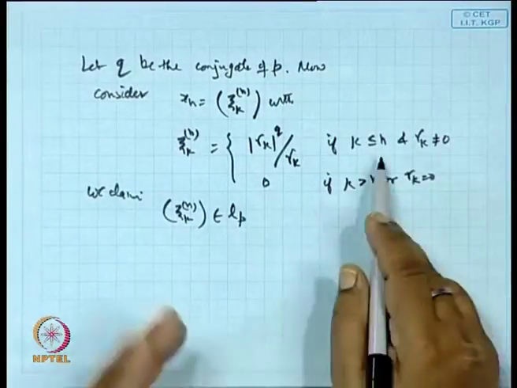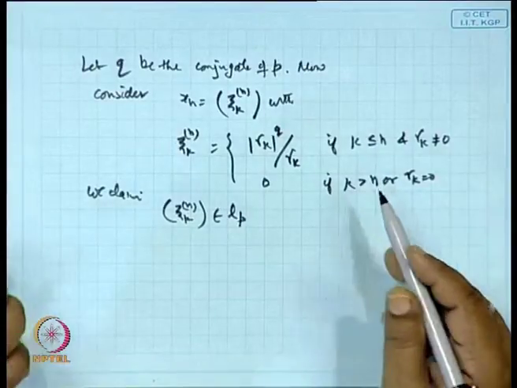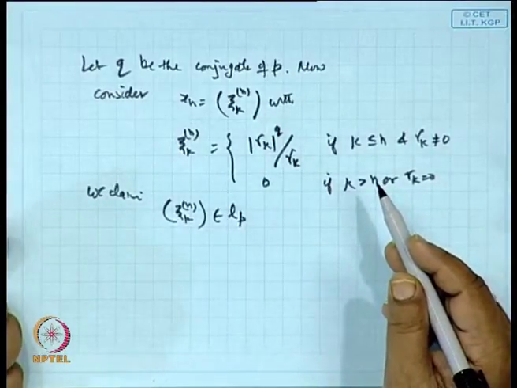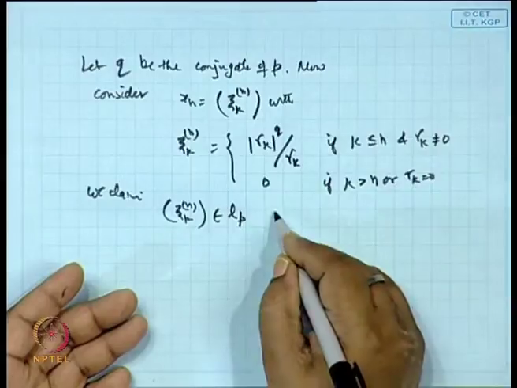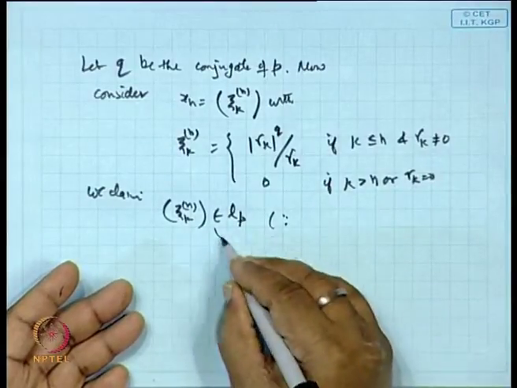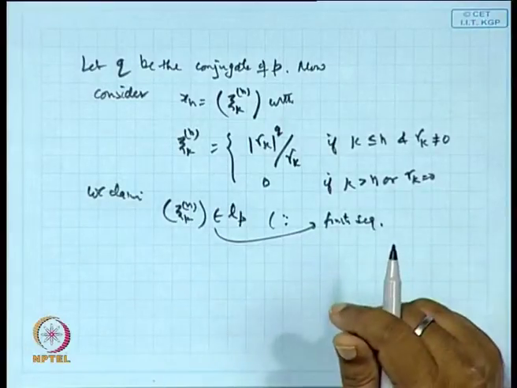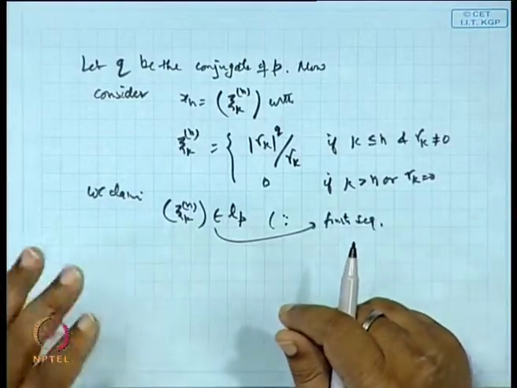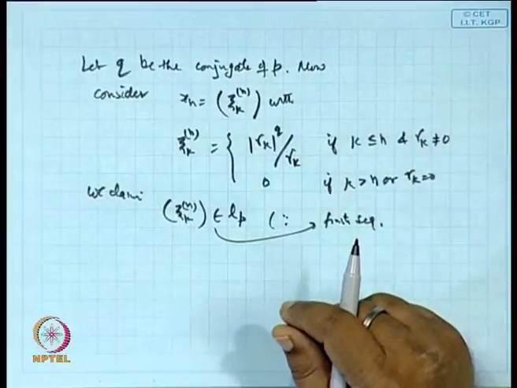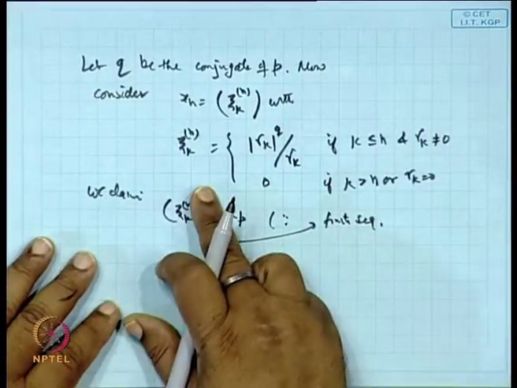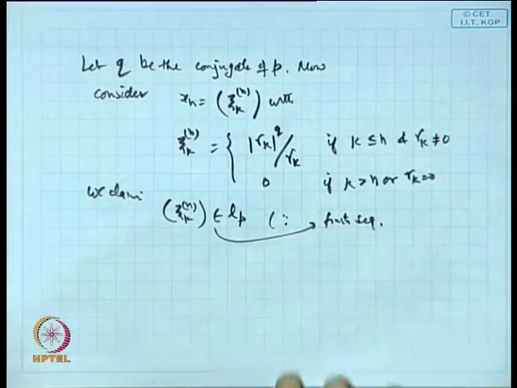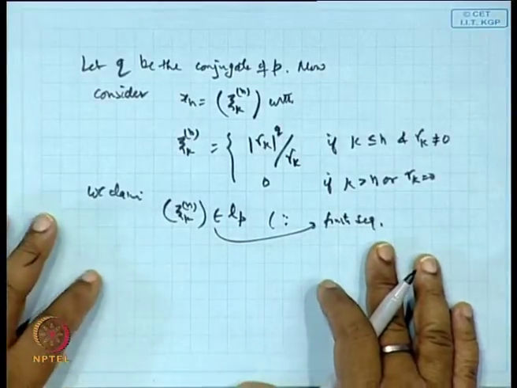Because these are finite terms only, so the sum will be finite, is it not? Only a finite number of terms are non-zero, the rest are 0. So, the sum of this series will always be convergent, whether power p or any number, so it is a point of LP.